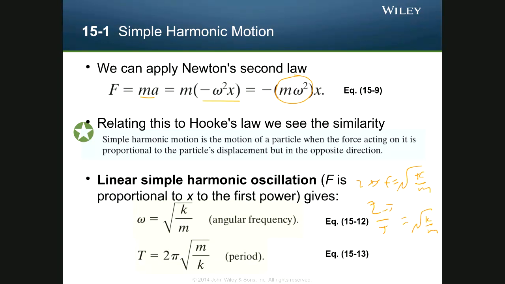And then you can multiply by T, invert, and you get 2 pi times the square root of m over k, just by multiplying it on the other side, and that's going to equal T. So with simple algebra, you can derive one from the other. But we already saw how to derive this using Newton's laws. It was pretty straightforward. Right? Okay.